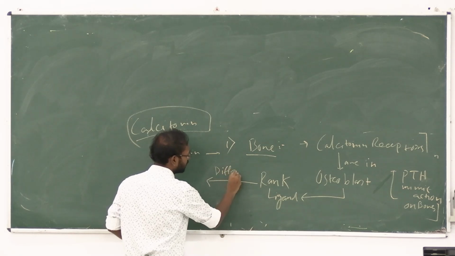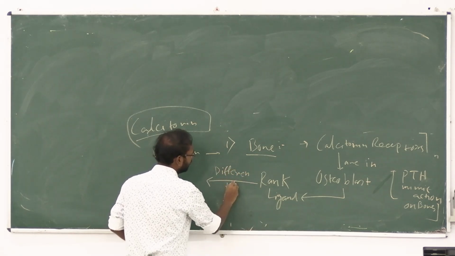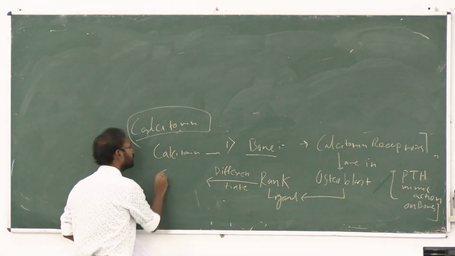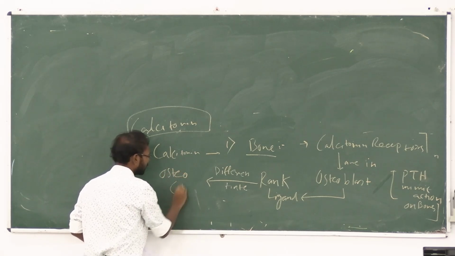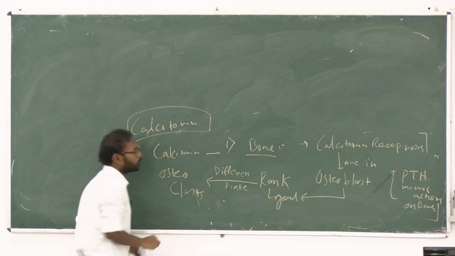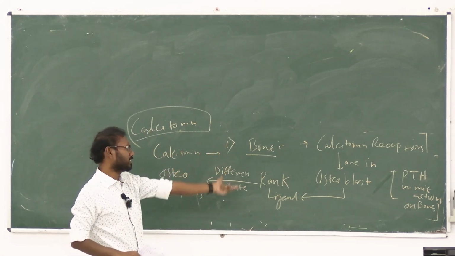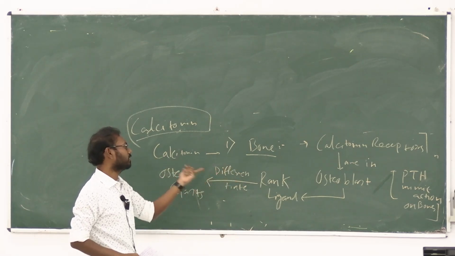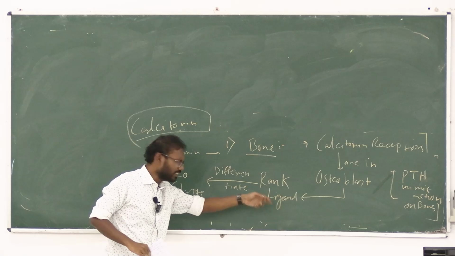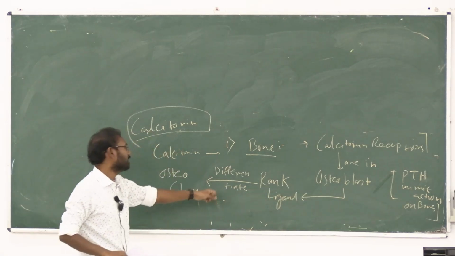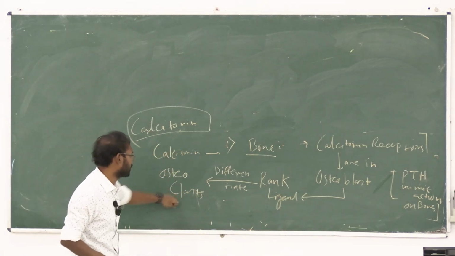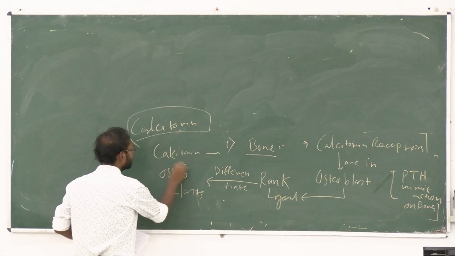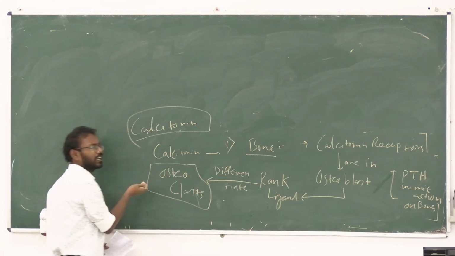আগের দিনে সব পড়ানো হয়েছে, খাতায় দেখো. Differentiate osteoclast. So calcitonin receptors, just like PTH, are also in osteoblast. This osteoblast releases rank ligand. This rank ligand will differentiate osteoclast. Osteoclast differentiation means osteoclast এর কাজ কি?